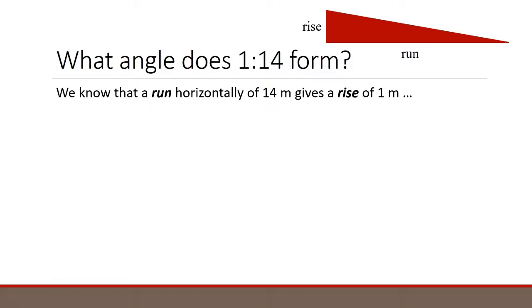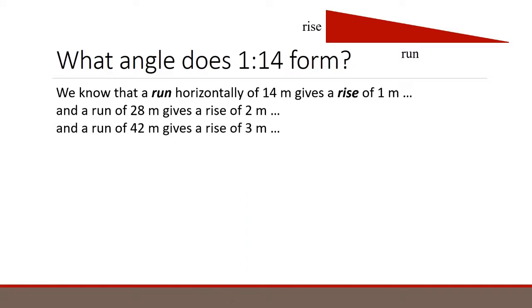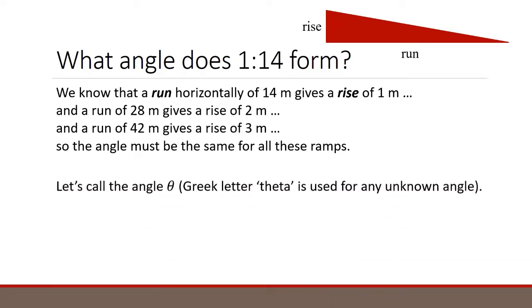Well, we know that a run horizontally of 14 metres gives rise of 1 metre. But if we run 28 metres across, it gives a rise of 2 metres. And if we run 42 metres across, it gives a rise of 3 metres. So the angle must be the same for all of these ramps.